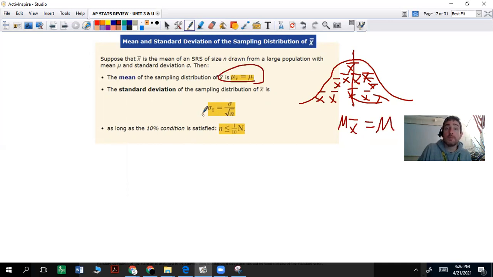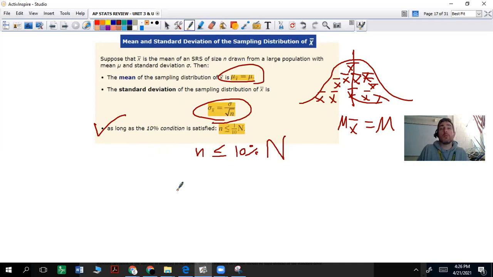So that's on your formula sheet. The standard deviation of the sampling distribution is the population standard deviation divided by the square root of n. That's on your formula sheet as well. The 10% condition is not, but we still have to meet that. So remember, n has to be less than or equal to 10% of the overall population. Your sample size must be less than or equal to 10% of your overall population size.